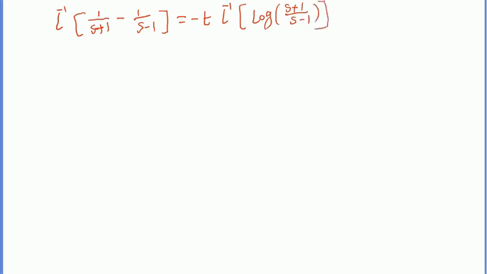Now I can write A is equal to B as B is equal to A, because we want the L inverse of log of (s plus 1) by (s minus 1). I can write this one on the left side and that one on the right side.